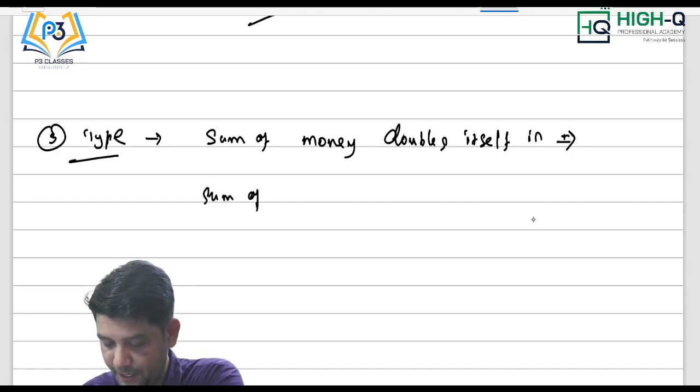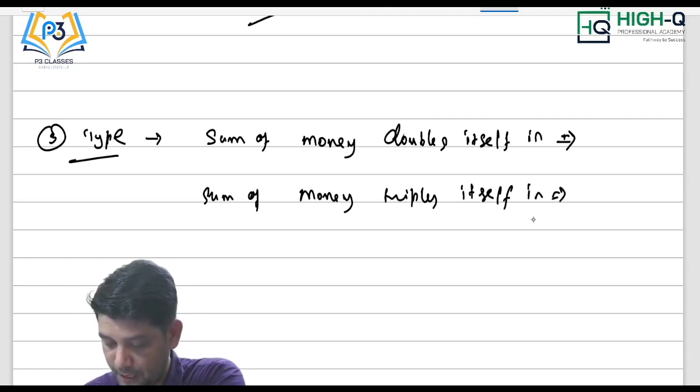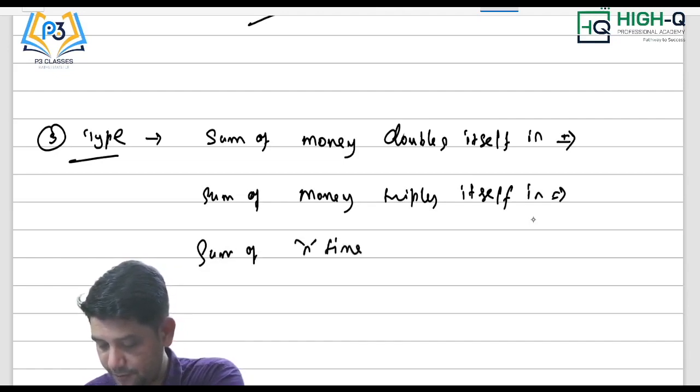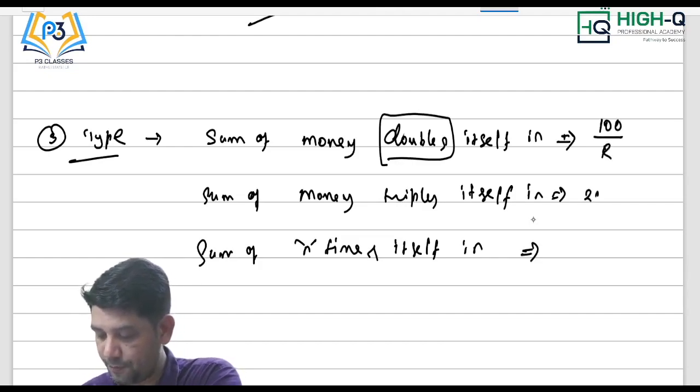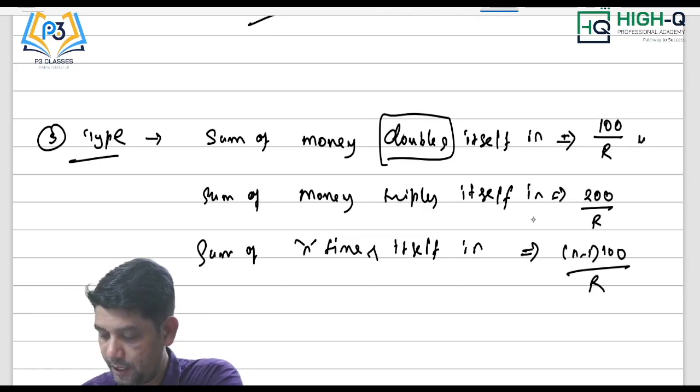A sum of money triples itself in some years. A sum of money becomes n times itself in some years. If it doubles itself, everyone uses 100 by r; for triples, 200 by r; that is, (n minus 1) into 100 by r years.